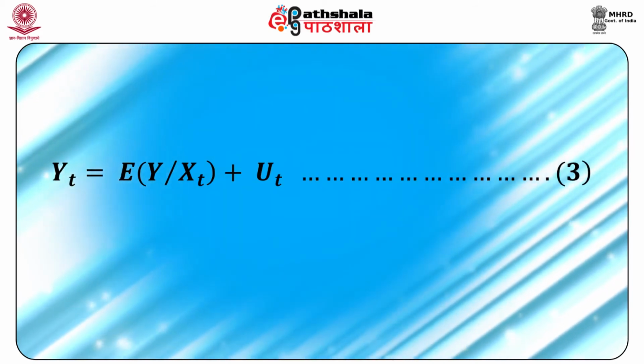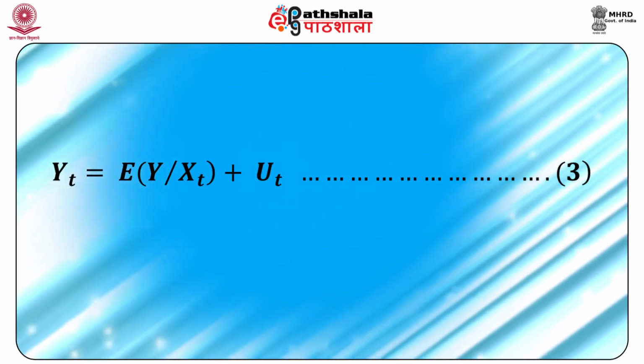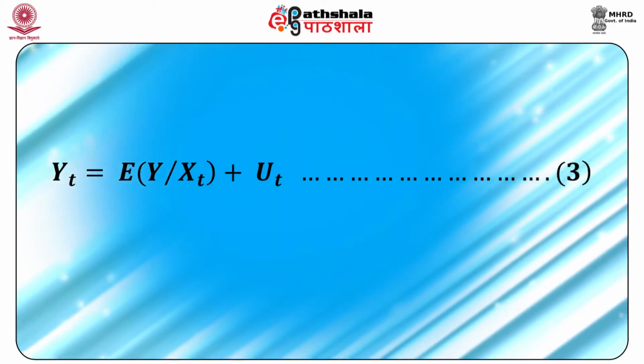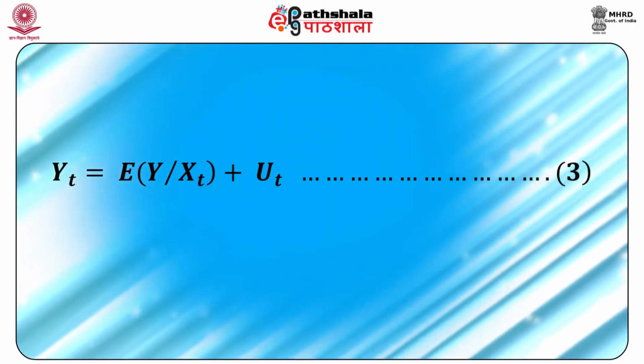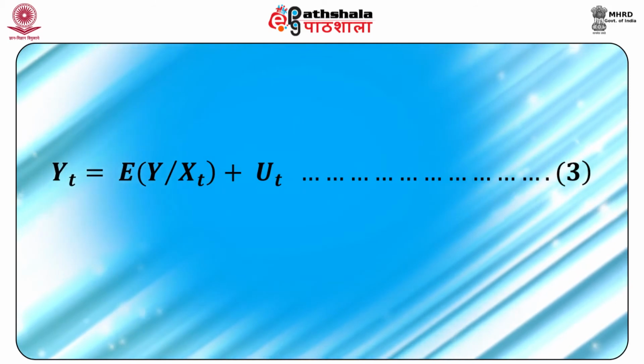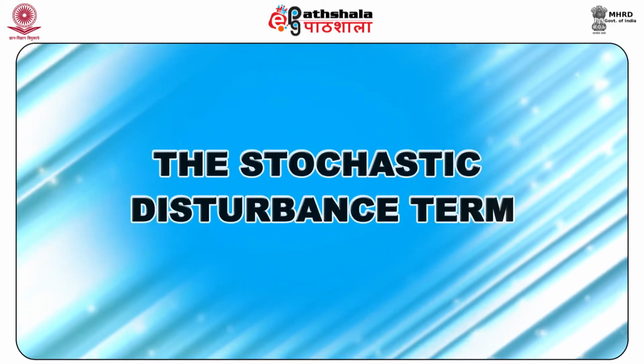Now, the stochastic specification in equation 3 therefore clearly shows that there are other variables apart from income which affect expenditure on consumption, and income alone cannot explain individual family consumption expenditure.